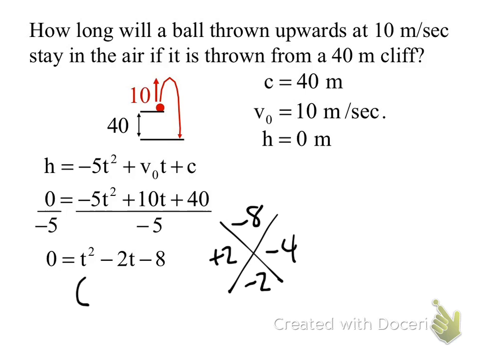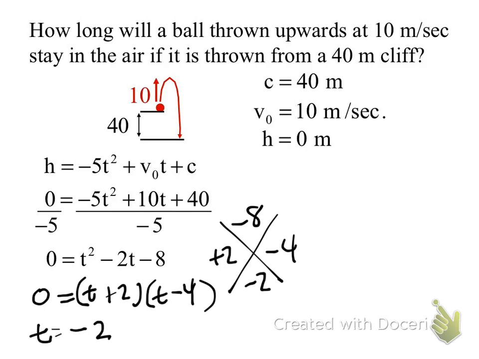And so we factor: the square root of t squared is t. And I have t plus 2 times t minus 4 equals 0. And so the t would either be -2 or t will equal 4.